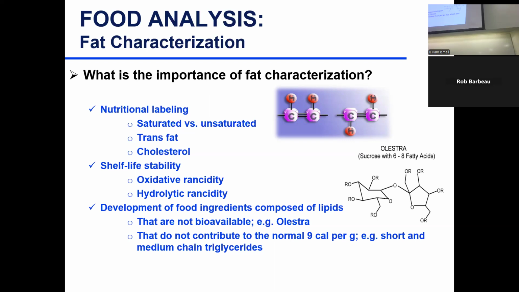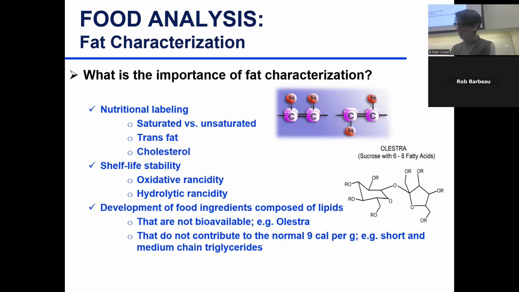You have triglycerides, and you get free fatty acids, so lipases. Lipases are hydrolases, so they break your triglycerides into free fatty acids. Free fatty acids taste bad. They have a bitter taste. So hydrolytic rancidity is breaking down triglycerides into fatty acids and the release of free fatty acids.